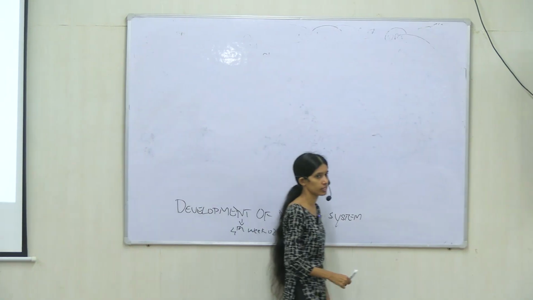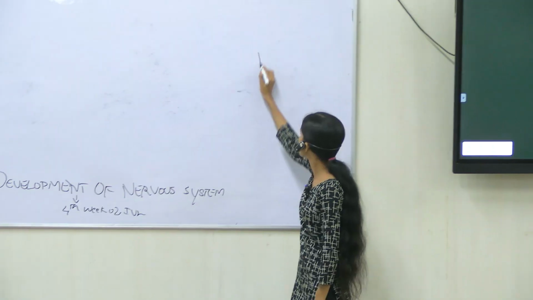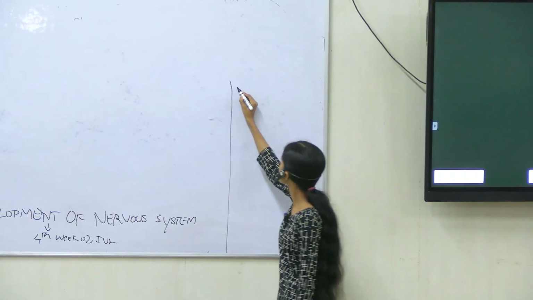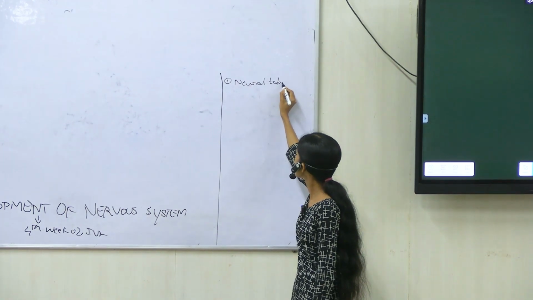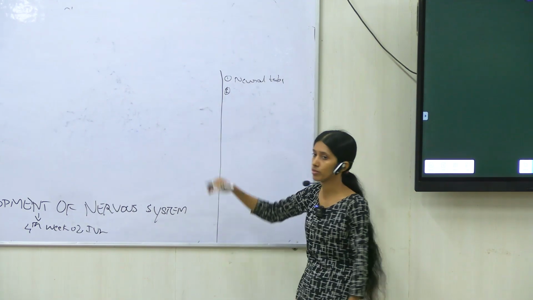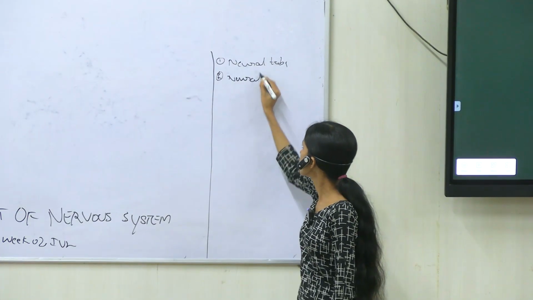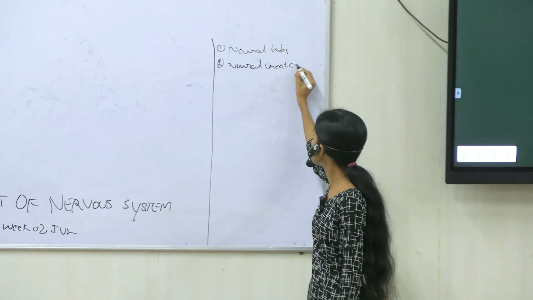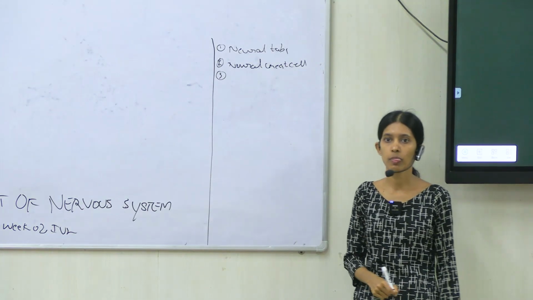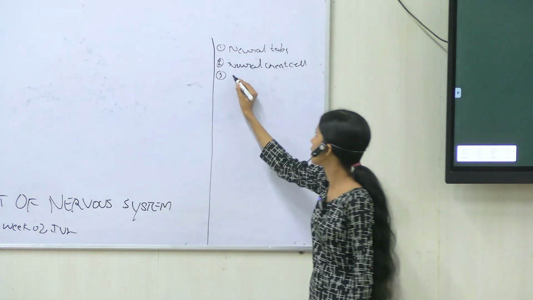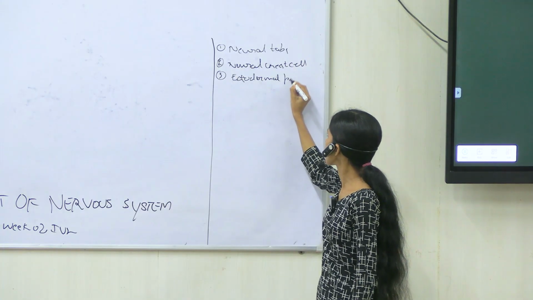We'll mainly see the 3 important structures in the development of nervous system. The very first one is neural tube, the second one is neural crest cell, and the last one is called ectodermal placodes.